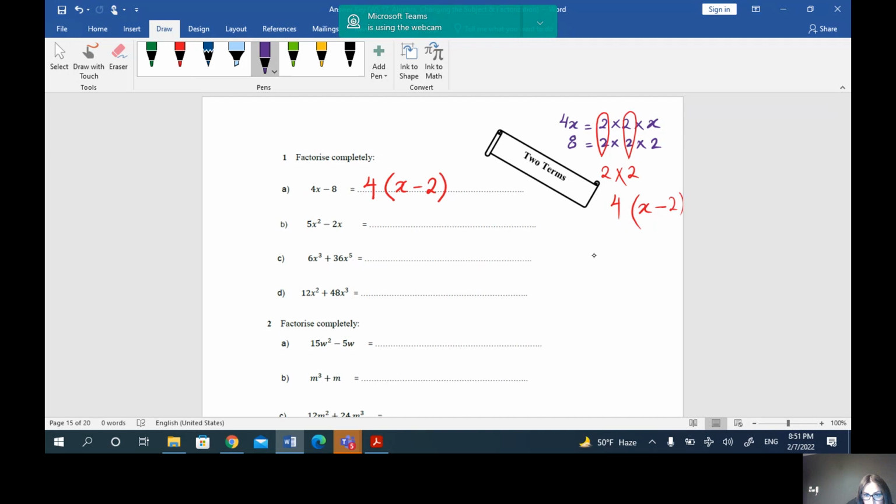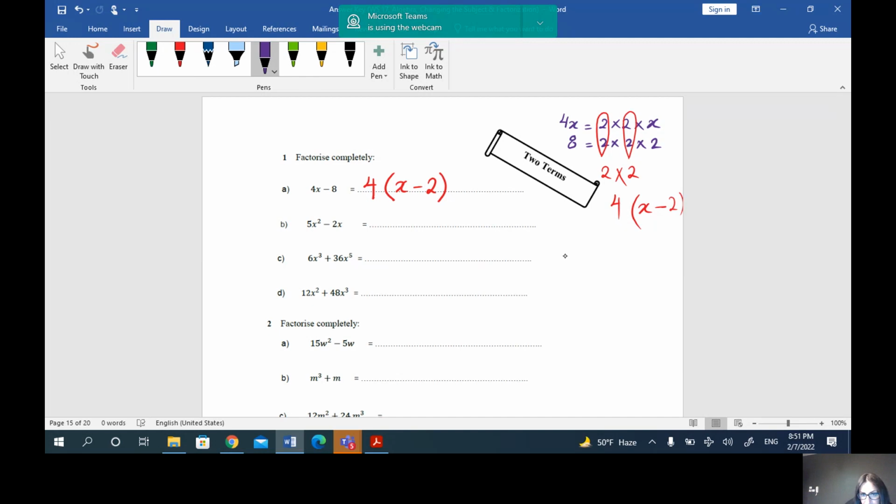Okay, 6x cubic. Now, 6x cubic. 6 is 2 times 3. Remember, the numbers must be primes, times x times x times x. Okay, let me write it here once again.